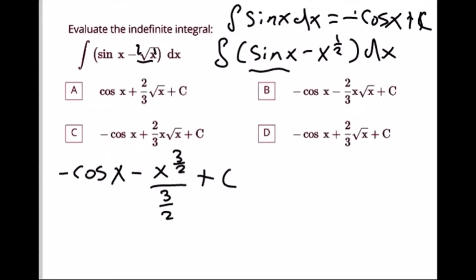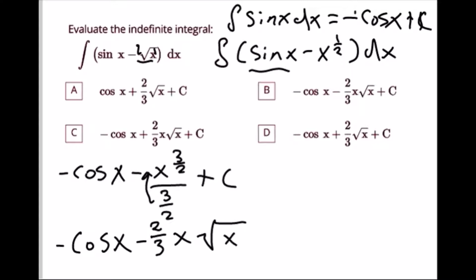So in order to change the denominator to the top, we will swap the numbers. So we'll get negative cosine x minus 2 over 3 x square root of x plus c. So that will be our answer, which matches option B.